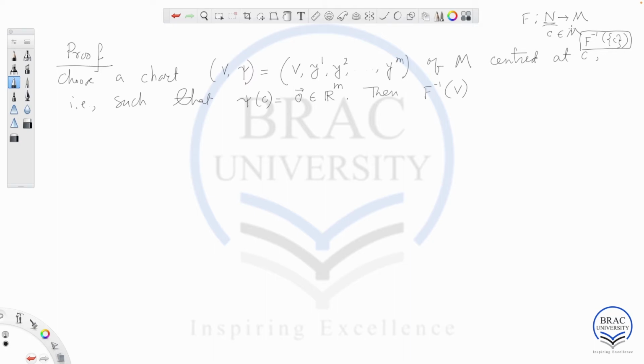Now, where is V? This V is an open set in the target manifold M. The inverse image of V under f is open in the manifold N. Why? Because f is continuous. And it contains the inverse image of c.